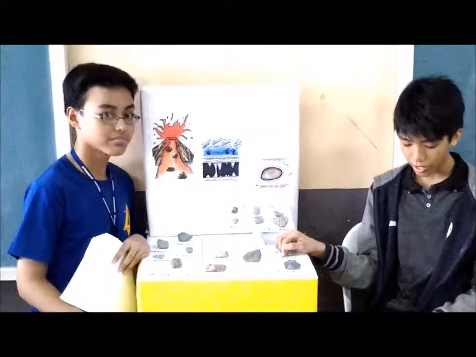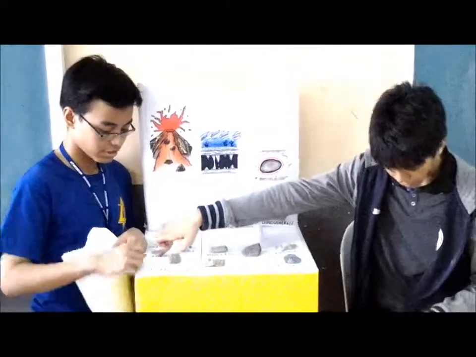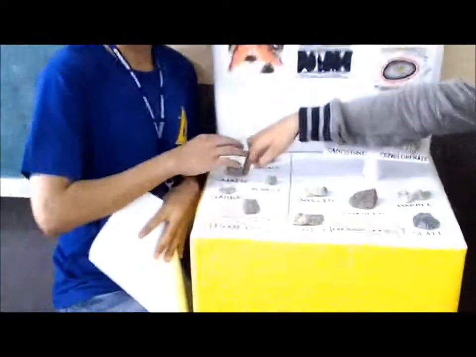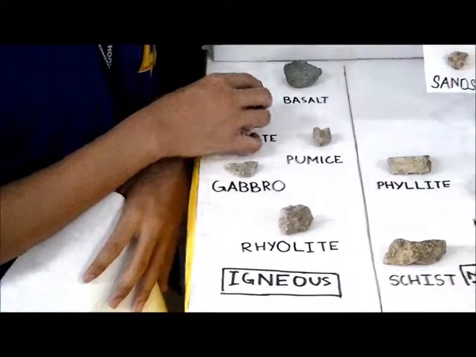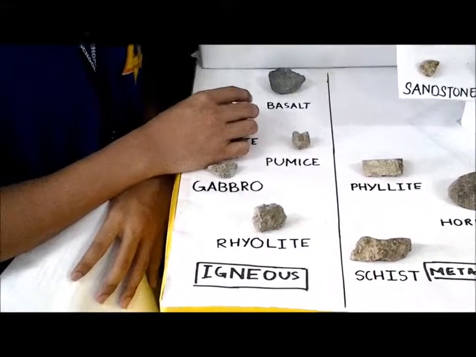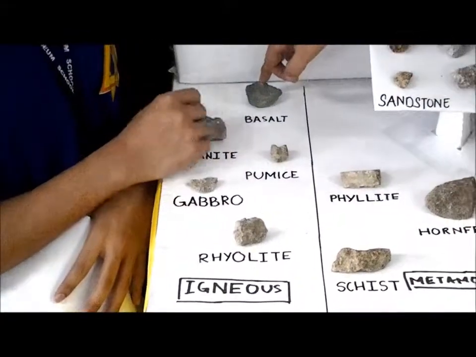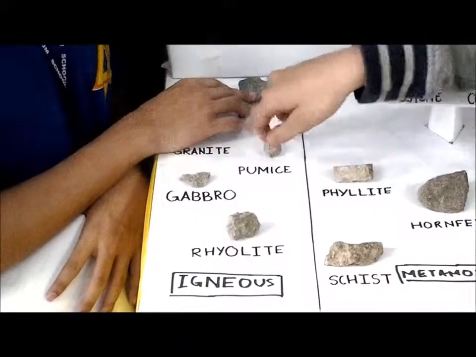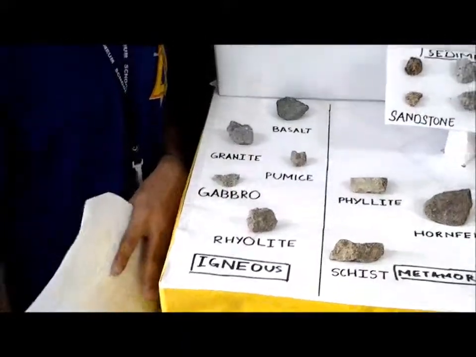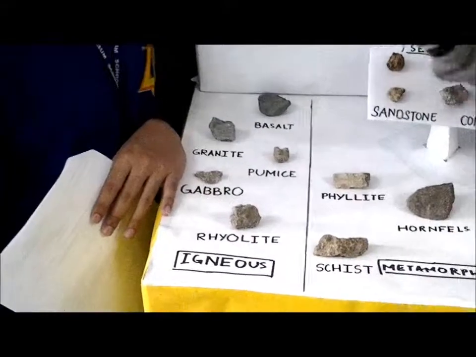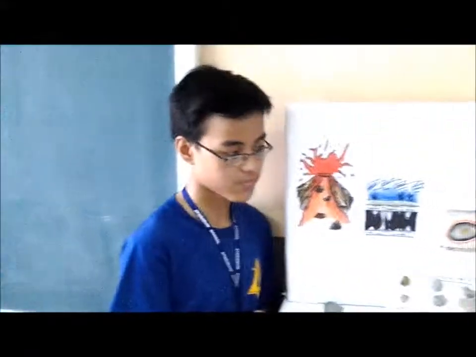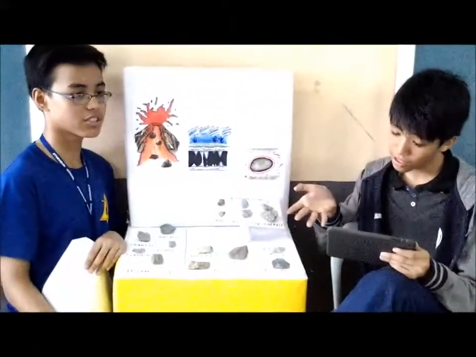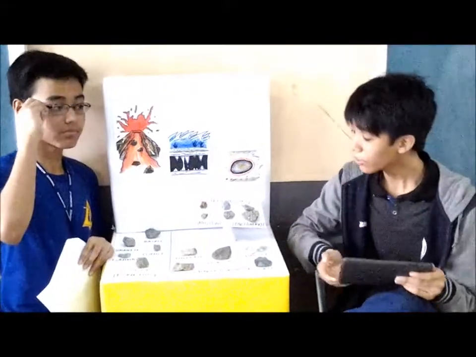Intrusive, such as diorite, gabbro, granite, and pegmatite, that solidify below the Earth's surface, and extrusive igneous rocks such as andesite, basalt, obsidian, pumice, and rhyolite as well, that solidify above the Earth's surface. So intrusive below and extrusive above. Yes. Pictures, you get the idea.